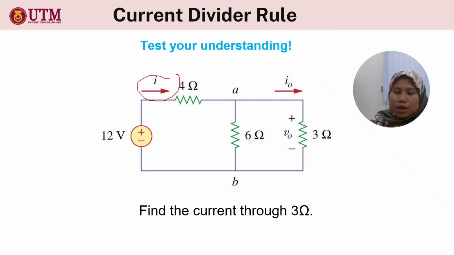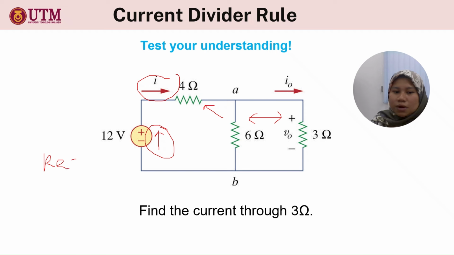If the current source is not given, you need to find it first. How? Firstly, find the total resistance here. You need to parallel this first, and then add with this series resistor, and you get the Req.